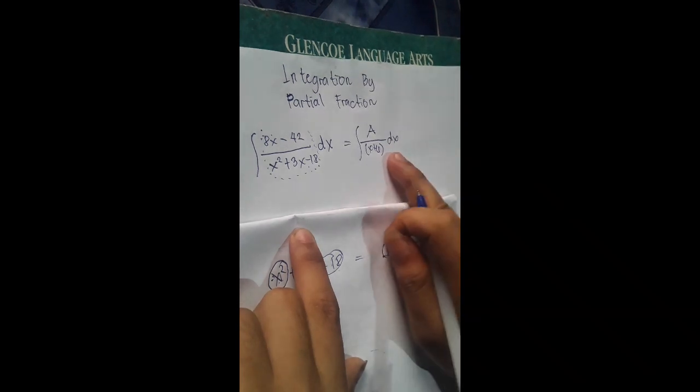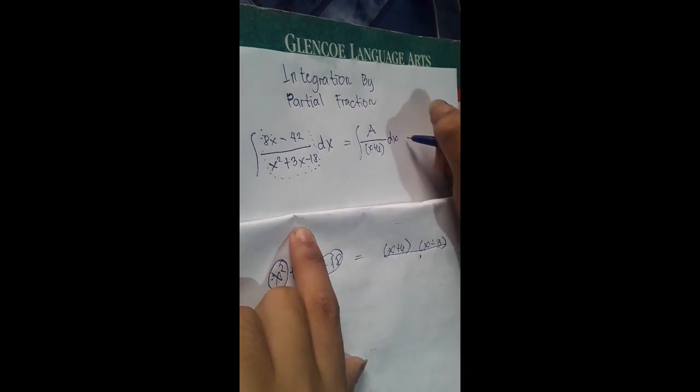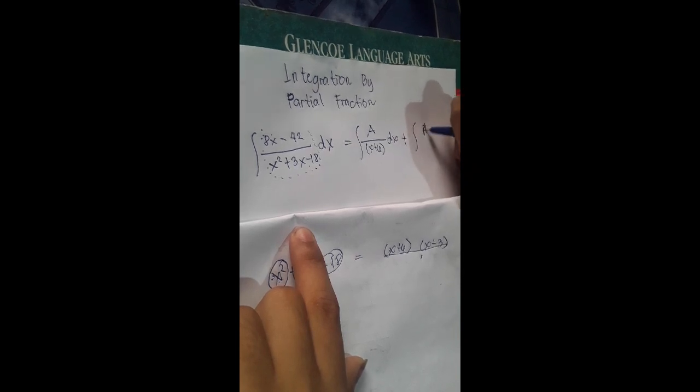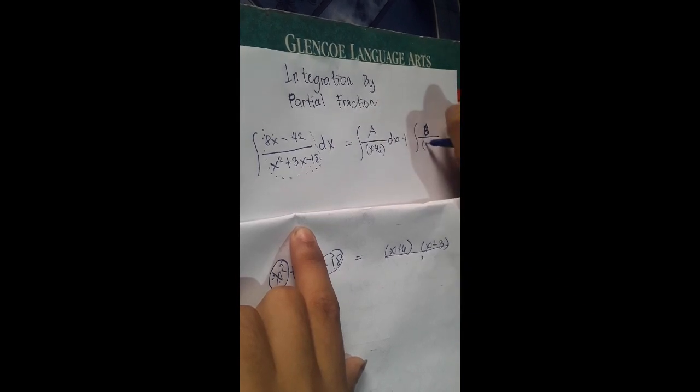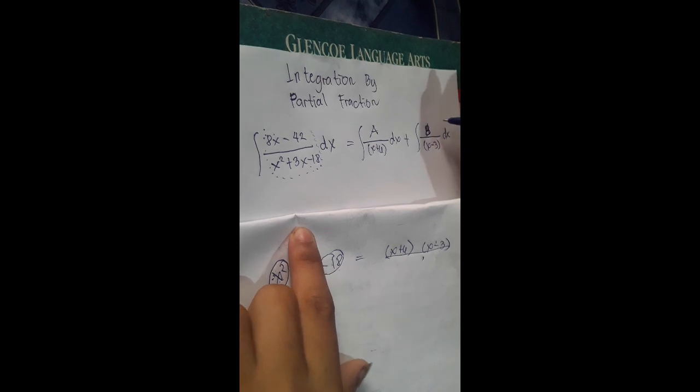Don't forget to put dx here. Plus the integral of b over x minus 3 dx.